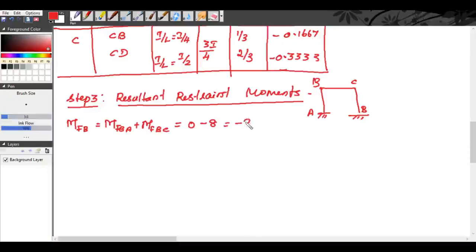So we get minus 8 kilonewton meter. Similarly, resultant restrained moment at C will be equal to the summation of all the fixed end moments meeting at C. That is MFCB plus MFCD. So MFCB is plus 8, MFCD is 0. So we get plus 8 kilonewton meter.